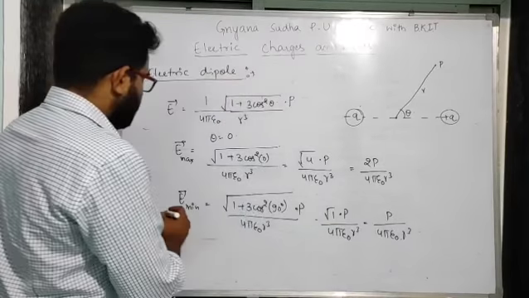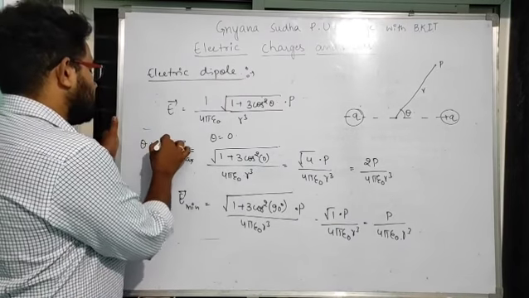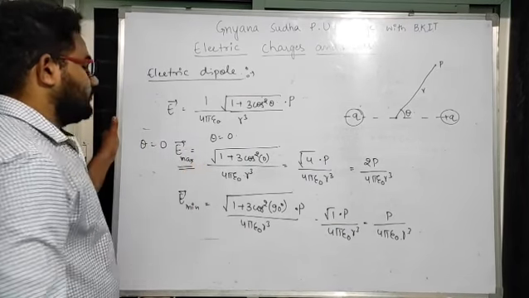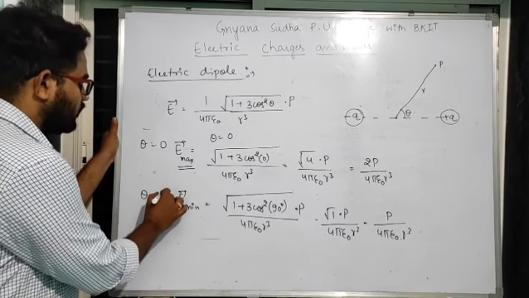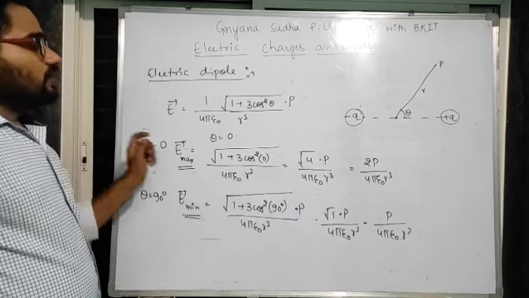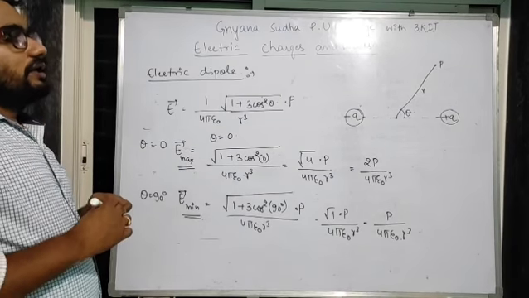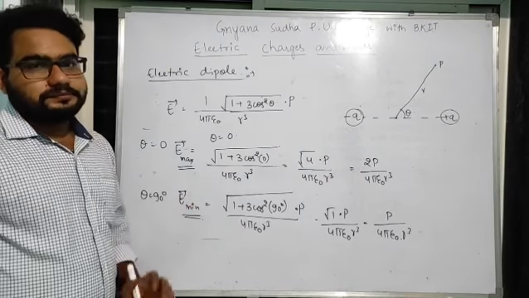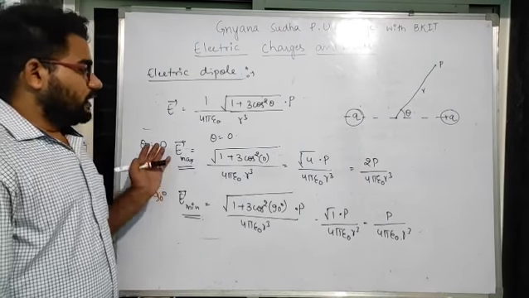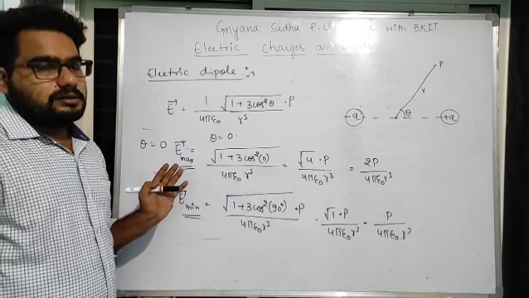This is the minimum. When theta is 0, we get the electric field maximum. When theta is 90 degree, we get the minimum. So if they give 120 degree or 180 degree, then also you can find the electric field at that point from the formula.